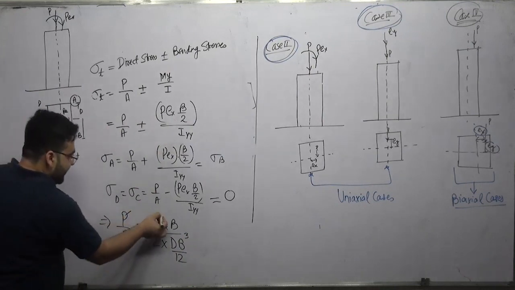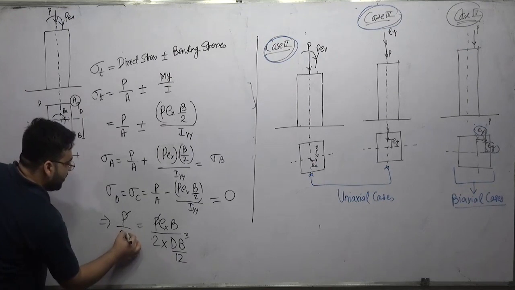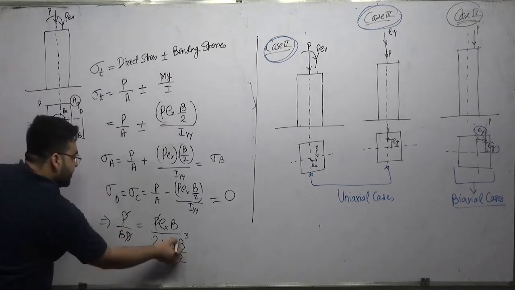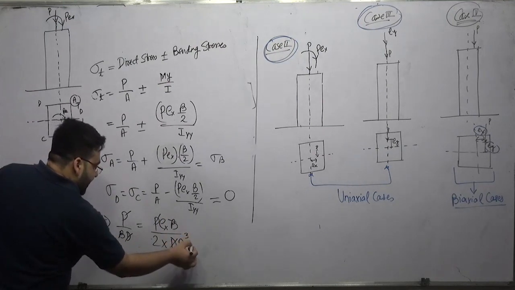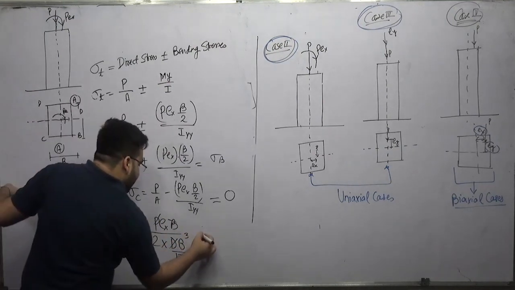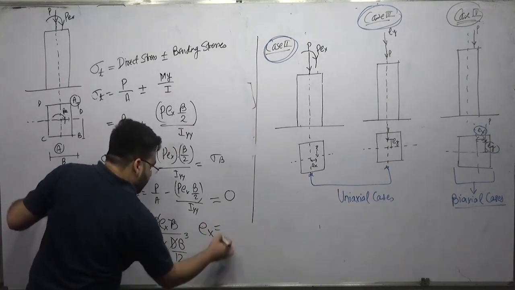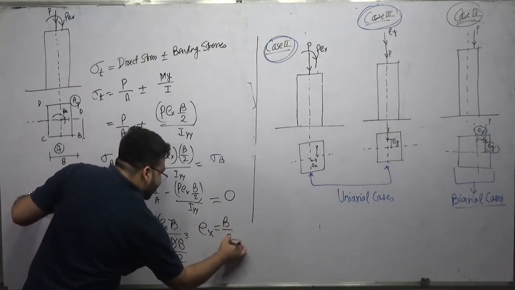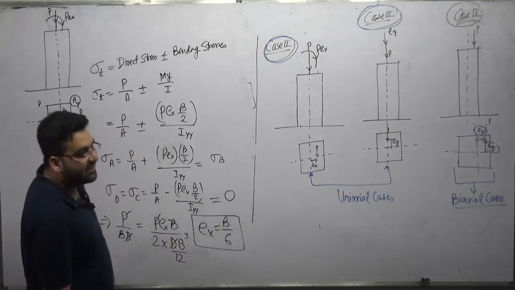So P gets cancelled out, and A is actually equal to B into D. D also gets cancelled out, and B and B square get cancelled out. It will be 6. So the eccentricity will come out to be B by 6.